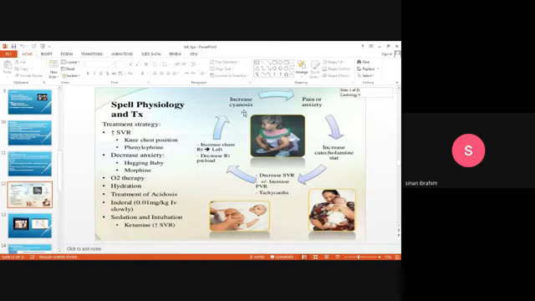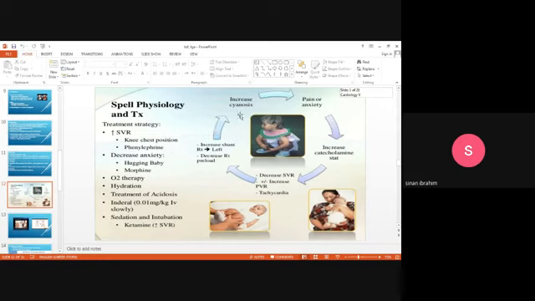As we see in the diagram, this pain or anxiety will increase the catecholamine state, and this will decrease the systemic vascular resistance and increase the peripheral vascular resistance with tachycardia. This will increase the right to left shunt and decrease the right preload. This also will increase the cyanosis, and increasing cyanosis will increase the pain or anxiety.